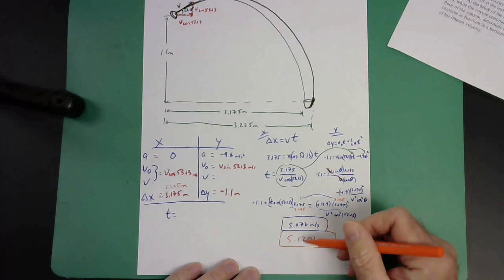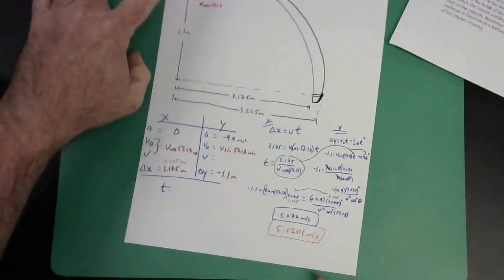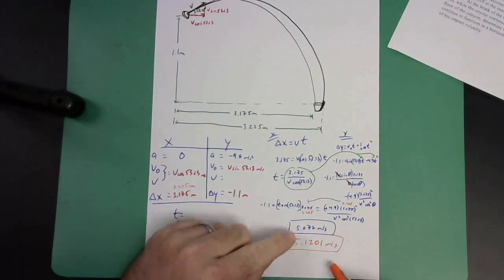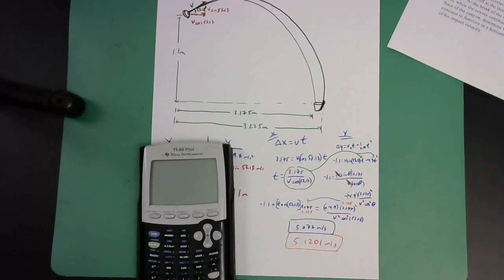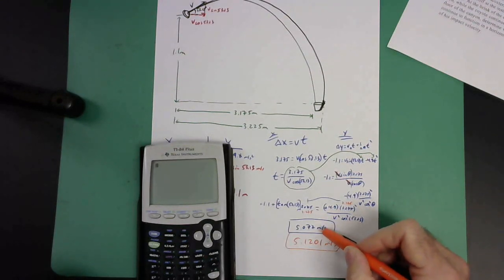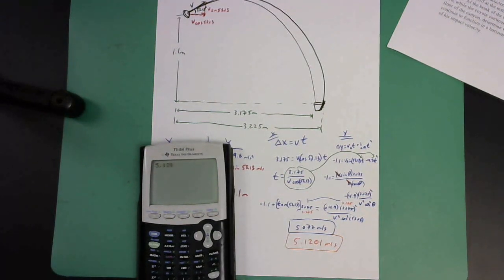And so you say, hey, how much is that different by? Look, that's a teeny tiny difference in speed. If you're going to flip at the same angle, then you have to launch at a slightly different speed for it to go a little farther, but look at how tiny that change is. What if I did a percent difference? This difference is what percent of the original speed? So I do 5.1201 minus 5.072, and divide by 5.072 times 100 to make it a percent.